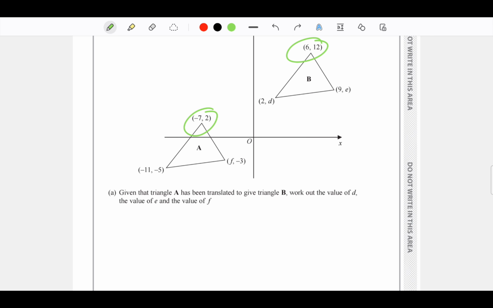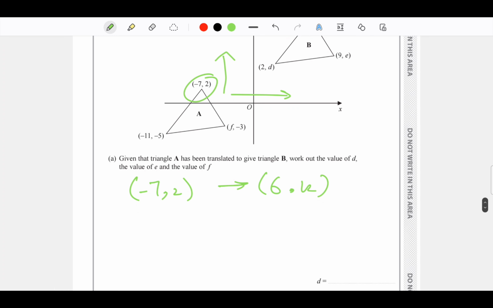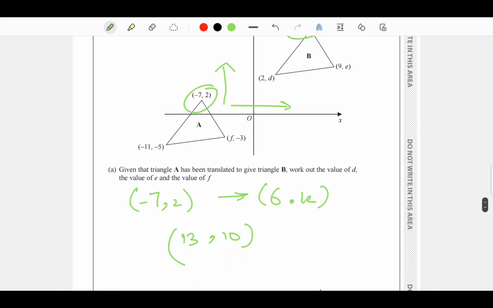With those values, I can find out how much the point moves towards the X and upwards towards Y. So from 7x and 2y, it goes to 6x and 12y, which means there is an addition of 10 y's and 13 x's, right?